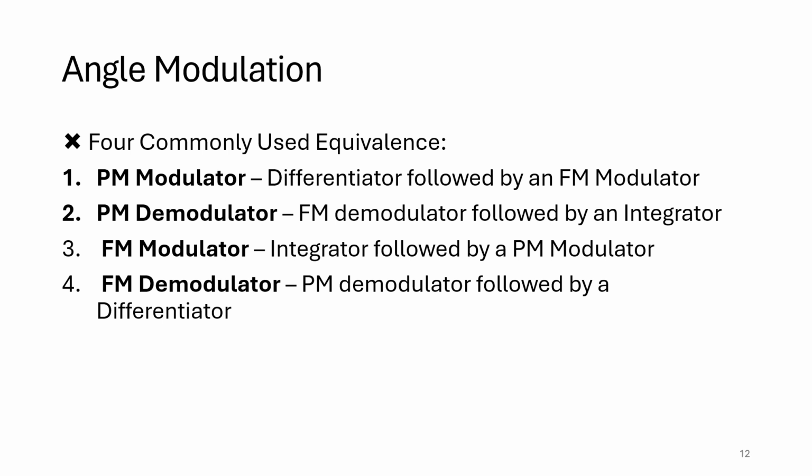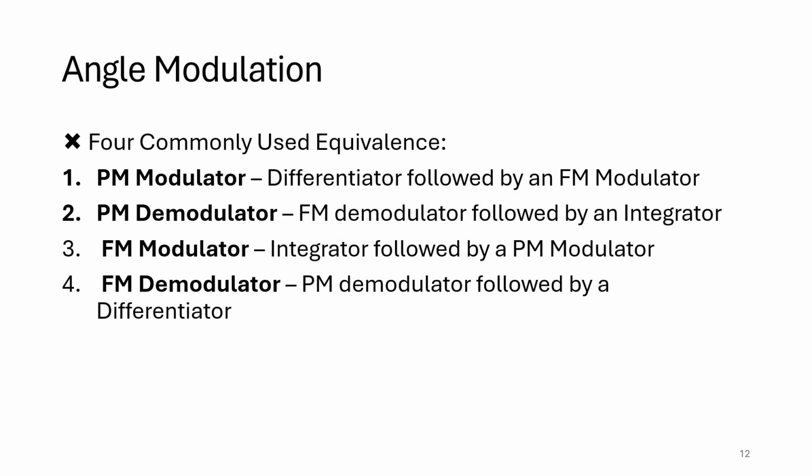So as you can see, we can have a pure FM modulator and demodulator. Then by just using a differentiator and an integrator circuit, that FM modulator and FM demodulator can already act as a phase modulator and phase demodulator circuit.